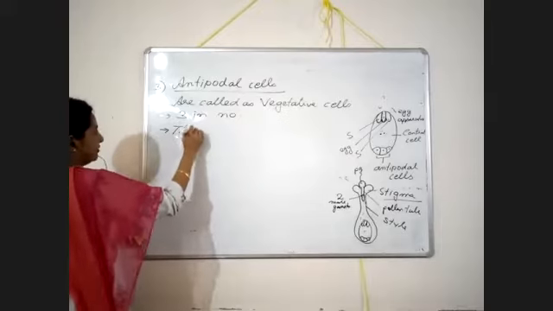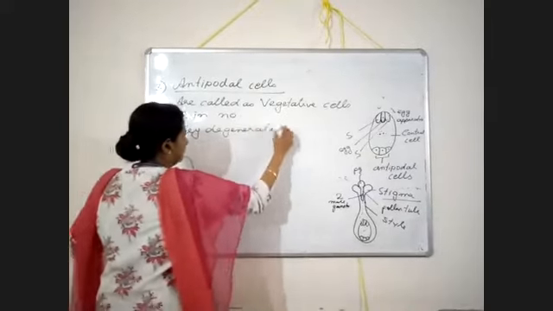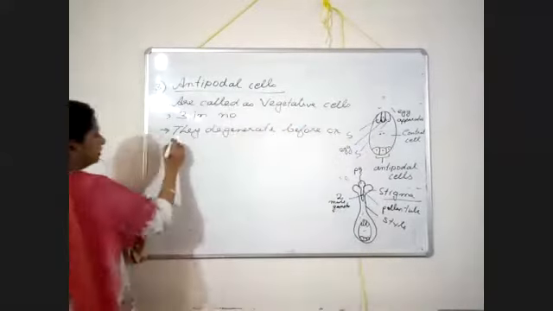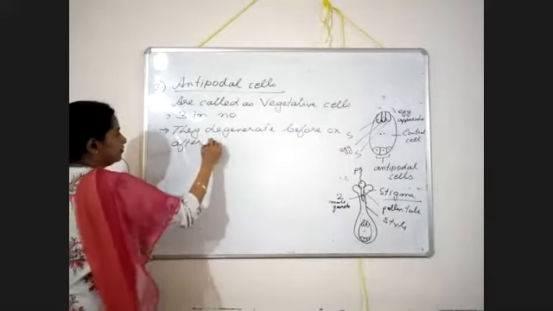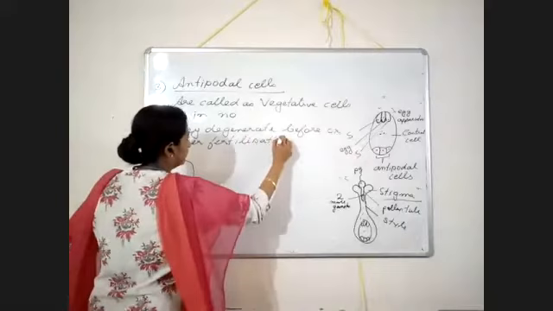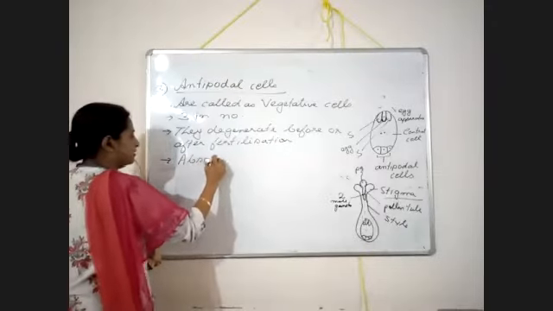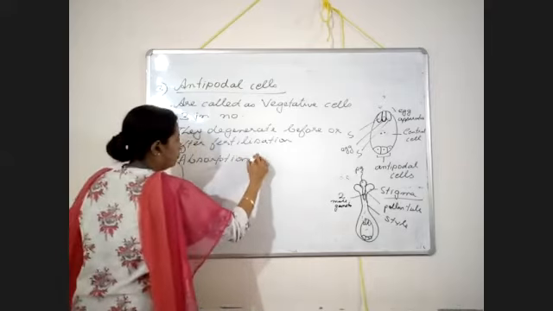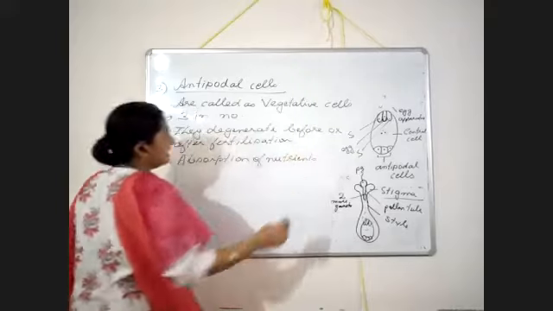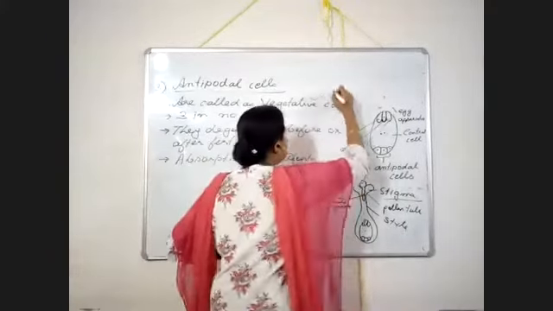They degenerate before or after fertilization. And what is the function? Absorption of nutrients, right? Nothing in detail. For antipodal cells, just remember that they are also called vegetative cells.